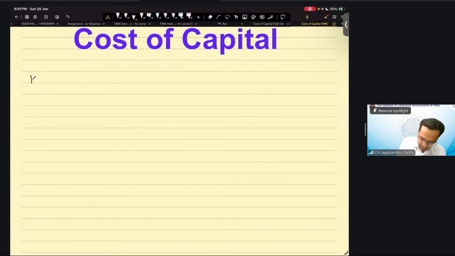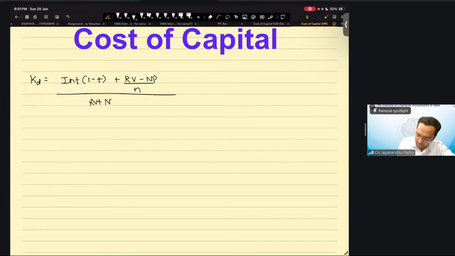So first up, we have discussed how to calculate the cost of debt. This cost of debt is going to be determined by whether it is irredeemable or redeemable. If it is redeemable, then the formula is interest into 1 minus T plus RV minus NP by N, the whole divided by redemption value plus net proceeds by 2.